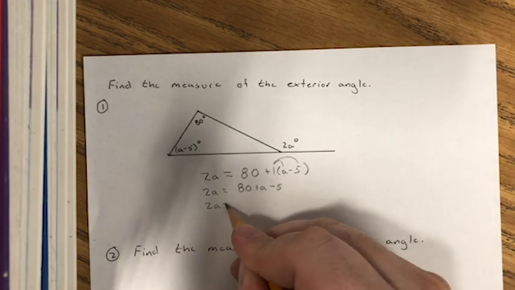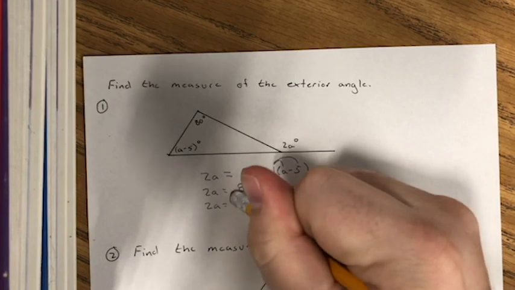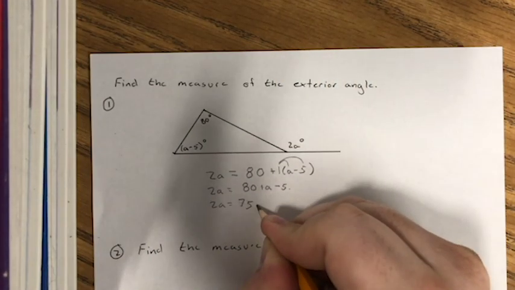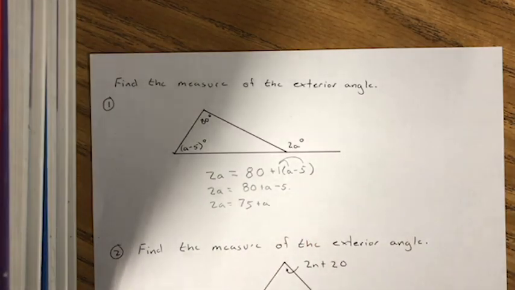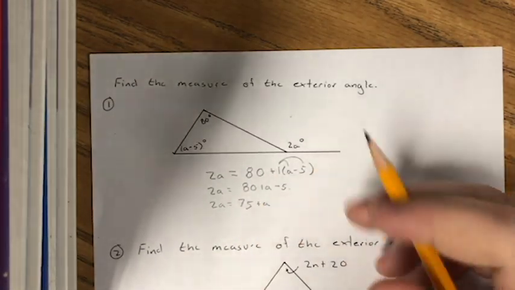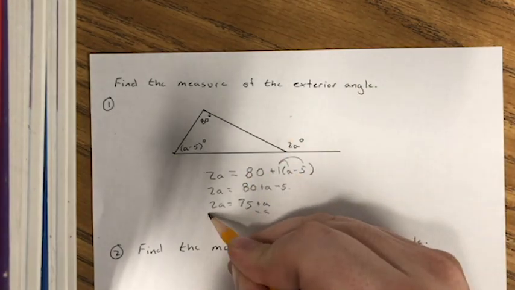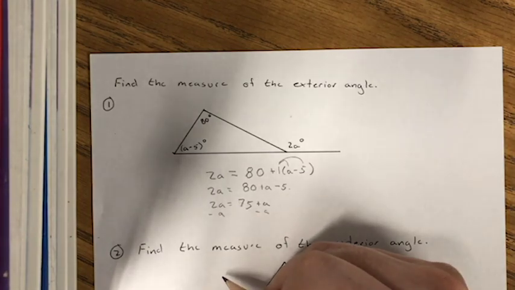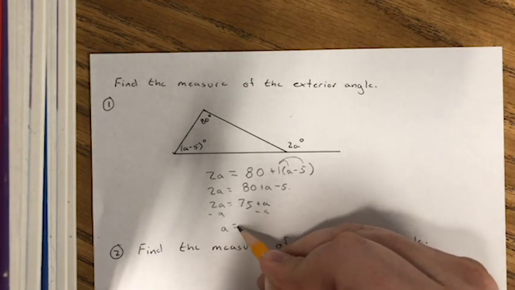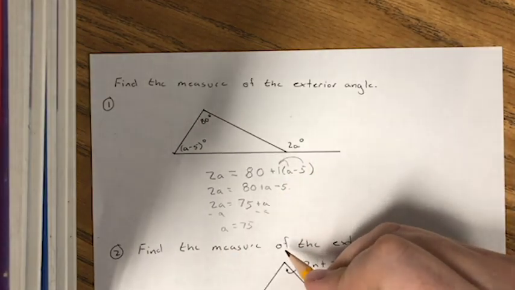So we have 2a is equal to 80, nope, not 80, but 75, because 80 minus 5 is 75, plus a. Now, we've got both sides simplified as far as we can do, so our job is to get the variable to one side. So let's subtract a from both sides. When I do, that really is going to become a is equal to 75. So we found out that a is 75.